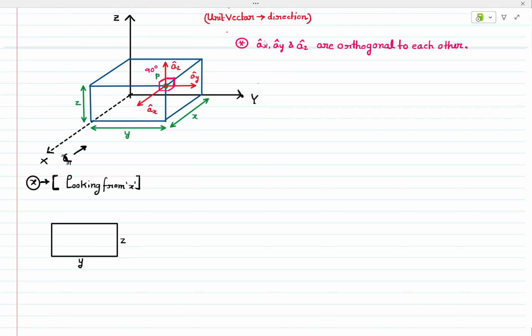What is the range of this X? Can you see what is the range of this X? Just let me draw it.